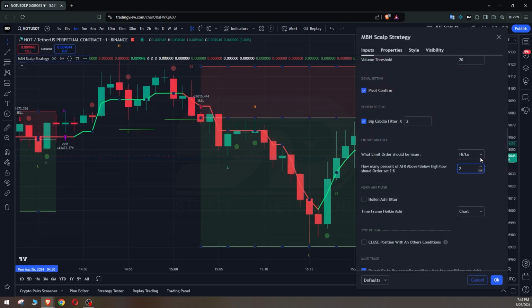In this strategy, you can set how far above or below the candle this order should be placed. This is done based on percentage of ATR. The closer this value is to 0, the order moves upward and is placed slightly below the low of the candle.